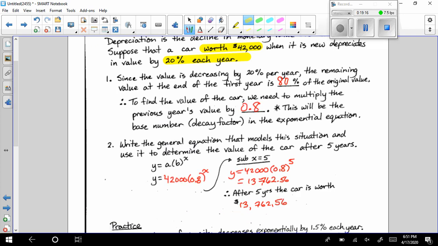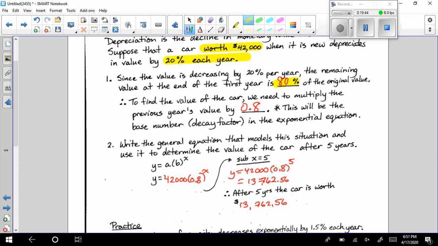Since this value is decreasing by 20% per year, what I'm really interested in is how much it is worth after each year? Well, the remaining value at the end of the first year is going to be 80%. So if it's lost 20% of its value, it still has 80% of the original value. That's going to be the number that we focus on.